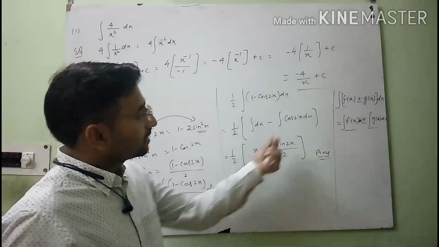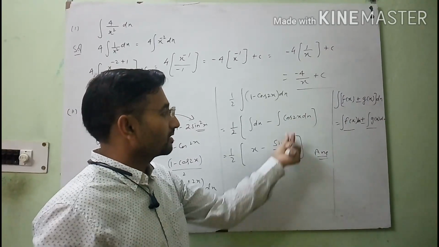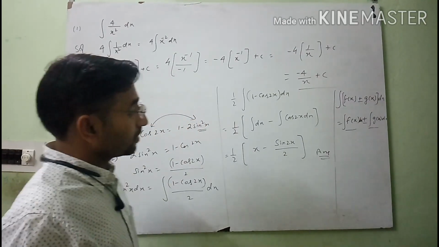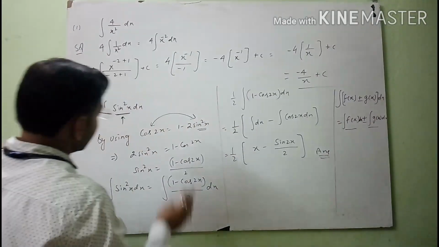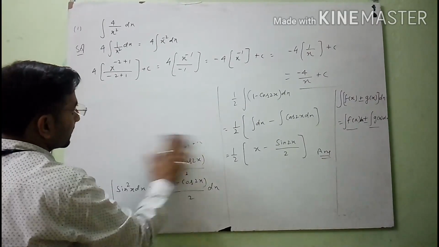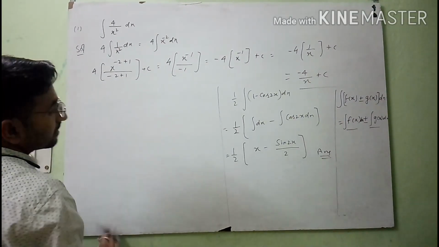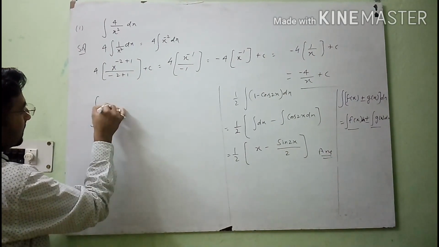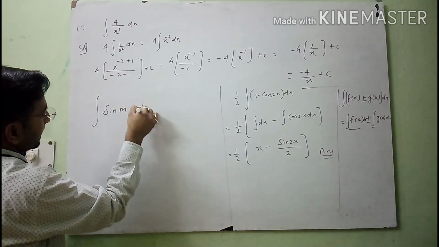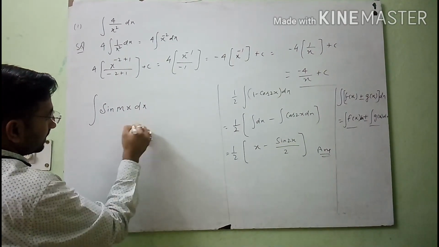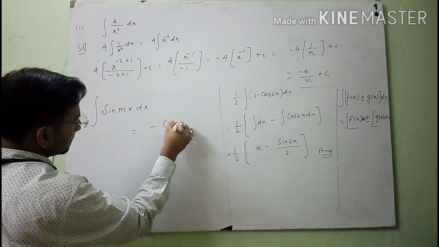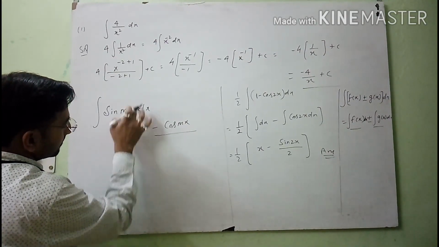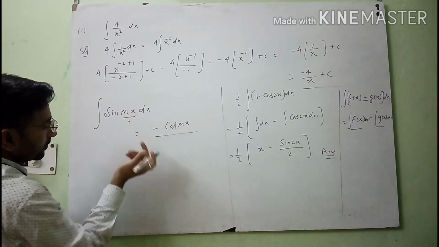You may have one doubt about this: how do I write sin 2x by 2 in place of the integration of cos 2x? Now see how I write it. Here, cos 2x integration equals sin 2x by 2. See here, if the integration format is sin mx dx, then its integration is minus cos mx over the differentiation of this mx, because here I consider mx equals t for some time.